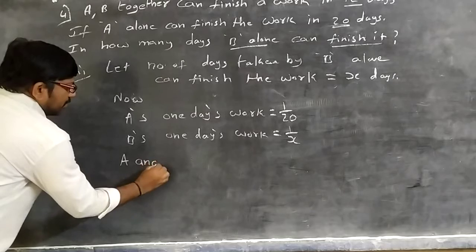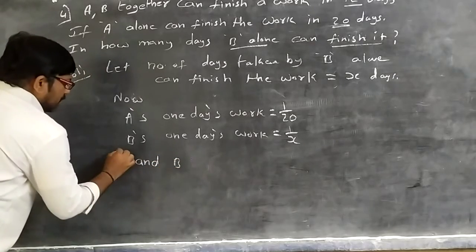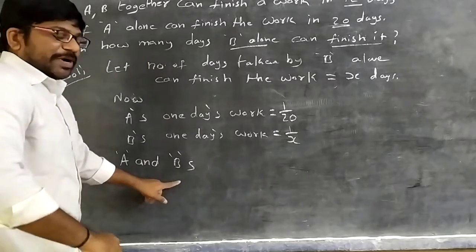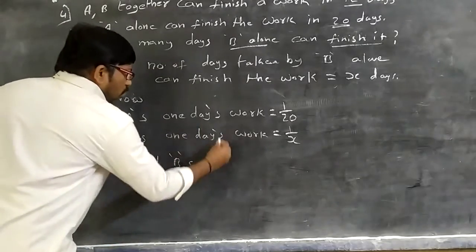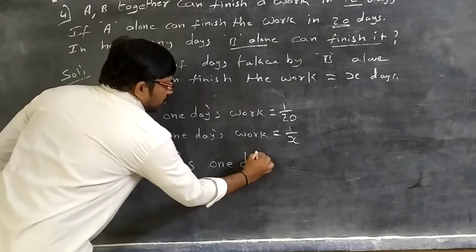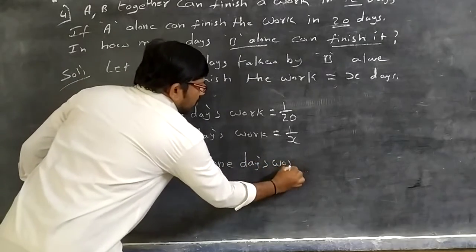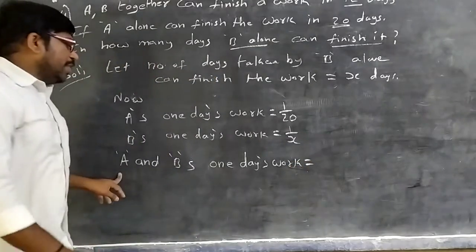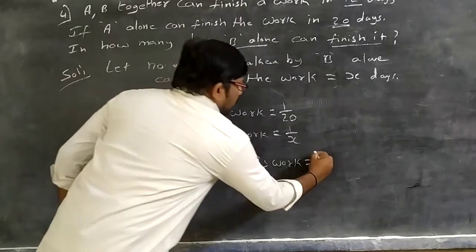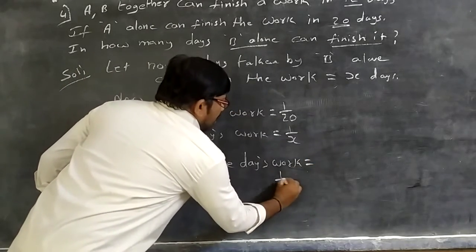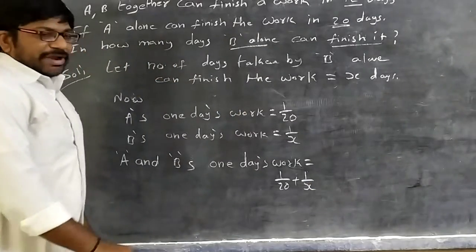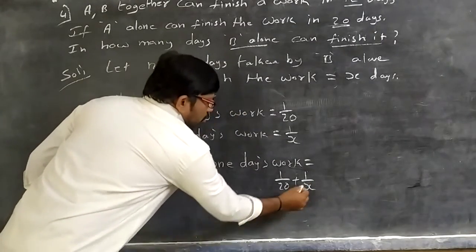Now A and B, two persons together, A and B's 1 day's work is equal to, so we have to add A's portion and B's portion. 1 by 20 plus 1 by X. That is equal to, now cross multiply.